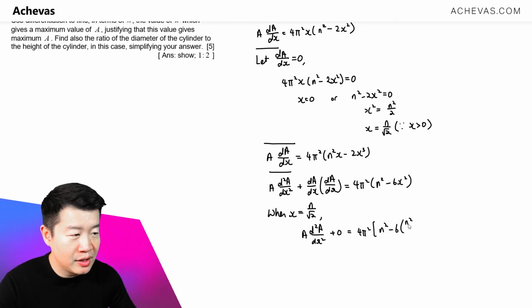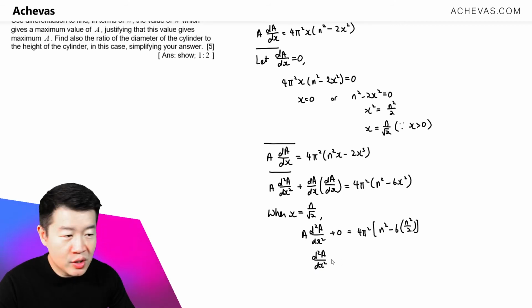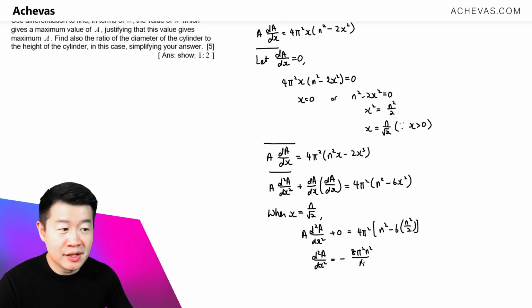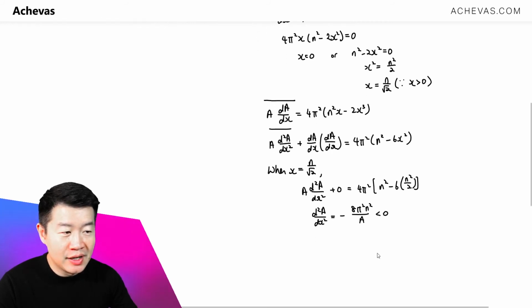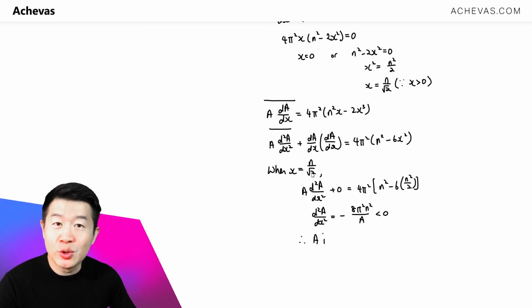So here we will have n² over 2. Now we have this. So d²A/dx² is going to be equal to minus 8π²n² over A. And n² is positive, A, which is the surface area, is also going to be a positive number. So d²A/dx² is a number that is less than 0. This tells us that A, when x is equal to n over square root of 2, is a maximum.